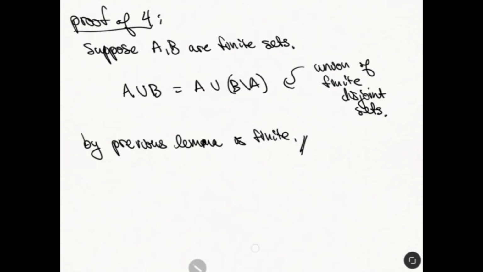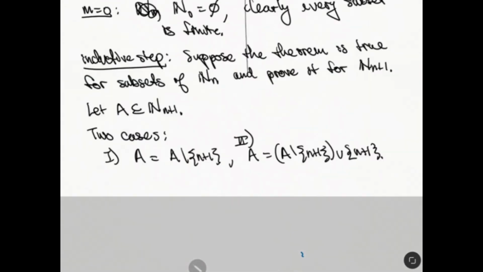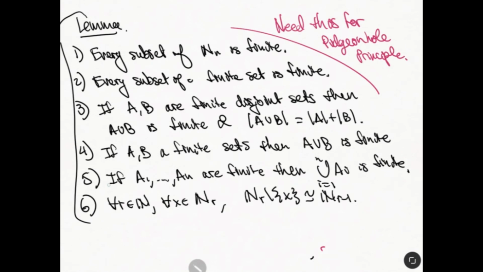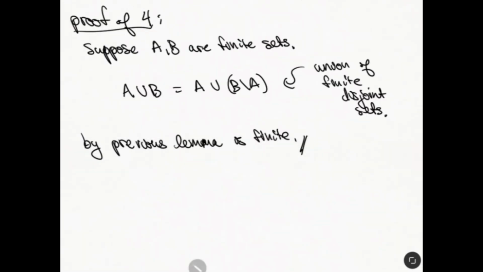Okay, so proof of 5. 5 was now not just the union of two sets, but the union of arbitrarily many finite sets, but a finite number of finite sets. Okay, so let's do the proof of 5.